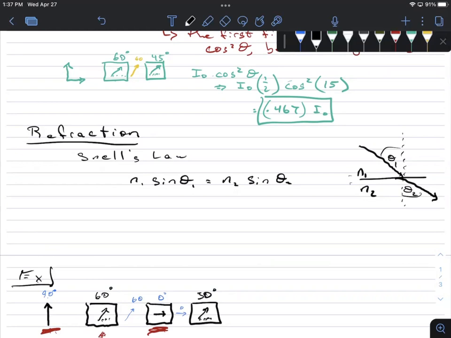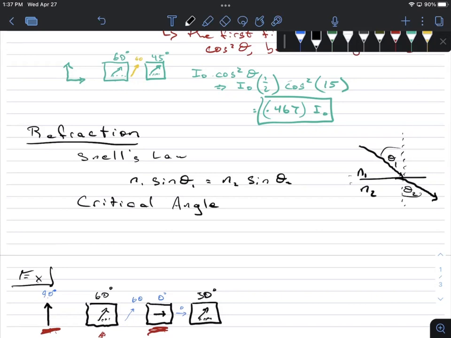The other thing about Snell's law or refraction is the concept of critical angle.